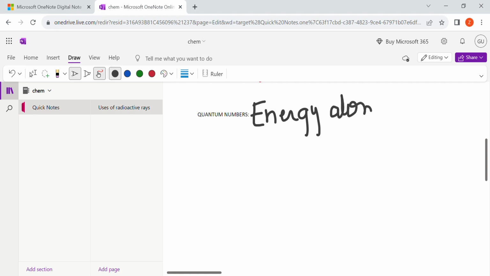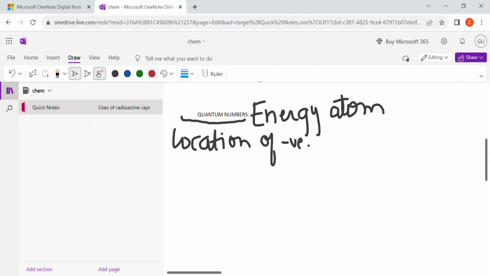If I could give you the complete definition, these quantum numbers give the information or the location of electron. They give the location of electron.